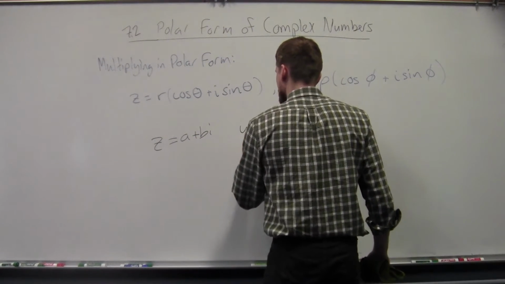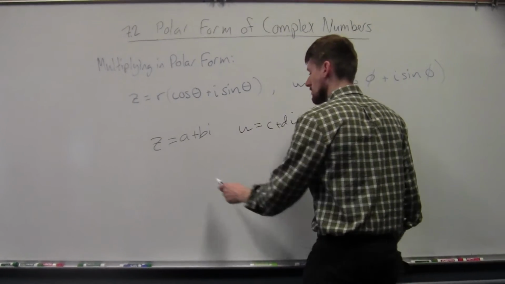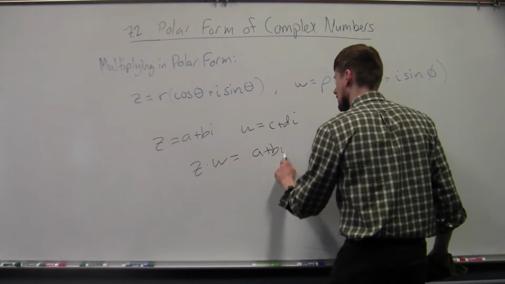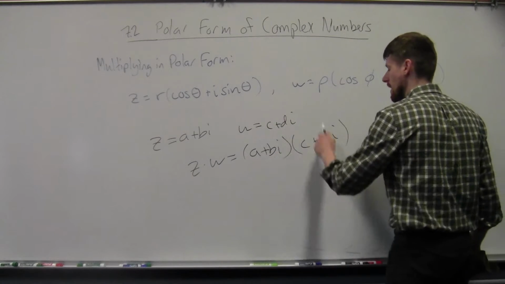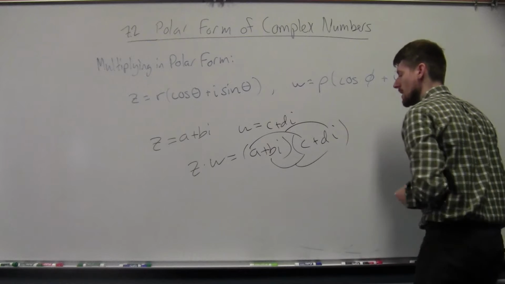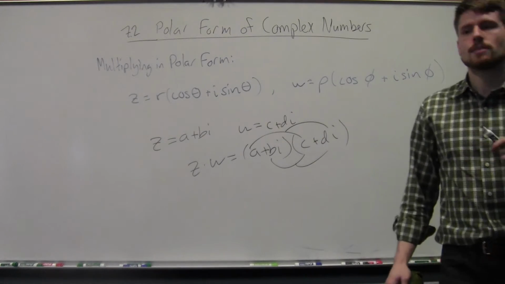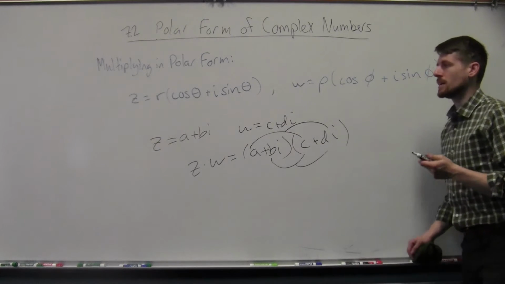If z and w are two complex numbers, you have to do the distributive property, which is what we learned earlier. You would multiply a times c, a times di, bi times c, bi times di, and then use the fact that i squared is -1. Not the worst thing in the world, slightly tedious.